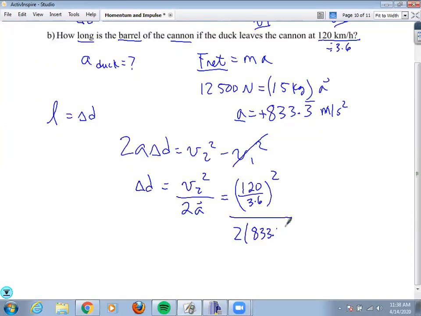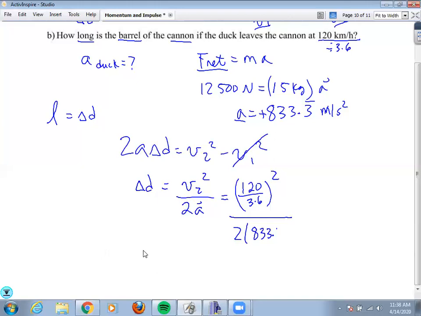So the length of the barrel, L, equals delta D. We know V1, we know V2, we know a, we want delta D, that's kinematic equation 5. 2a delta D equals V2 squared minus V1 squared. We know that the duck starts at rest. So delta D, the length of the barrel, is V2 squared divided by the acceleration doubled.